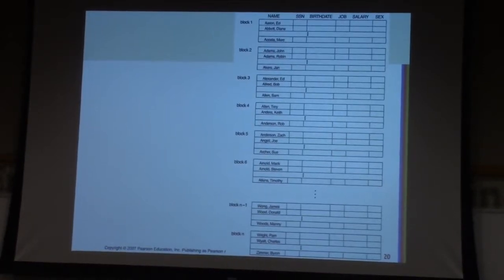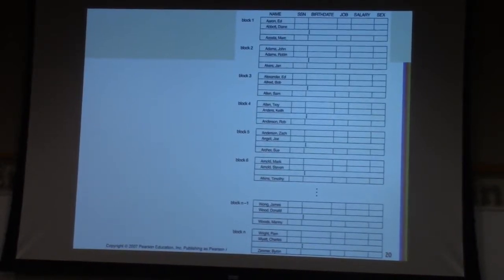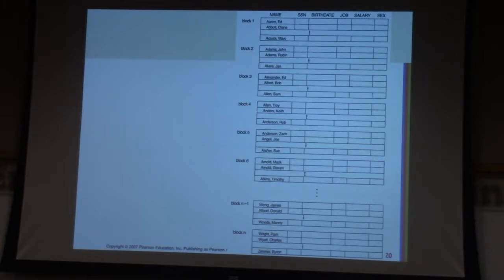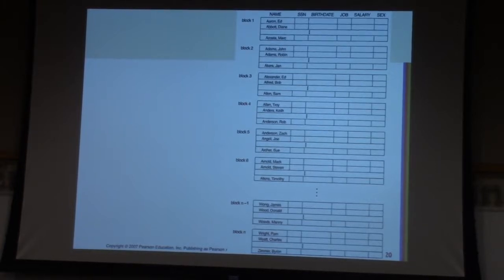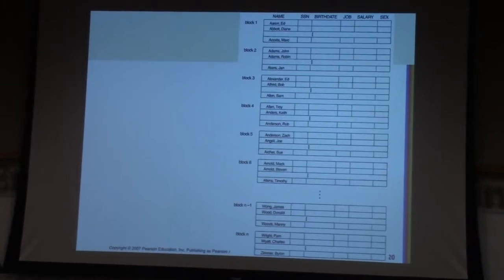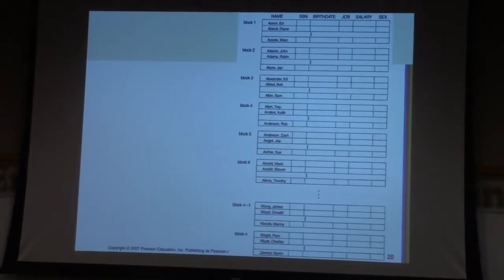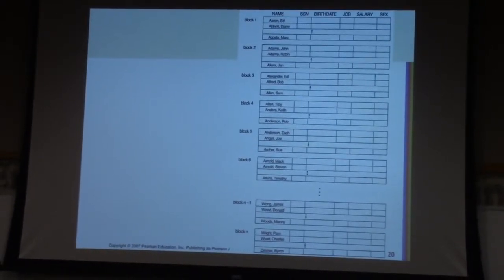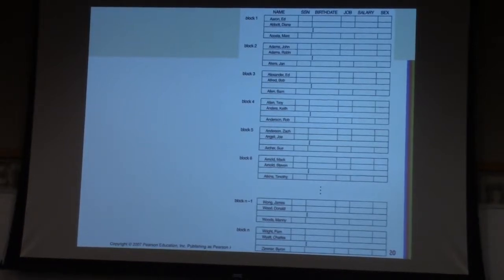So for example, if I search for the data, Troy for example here, when you read the data, the DBMS finds block number 4, then copies this block to memory. Then it reads the data element and returns it to the user.